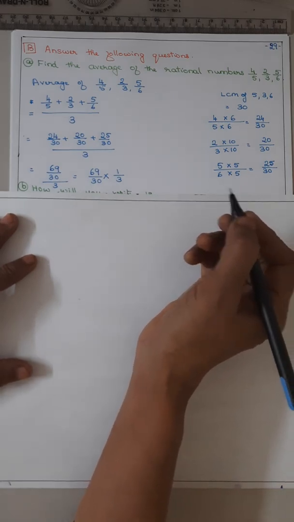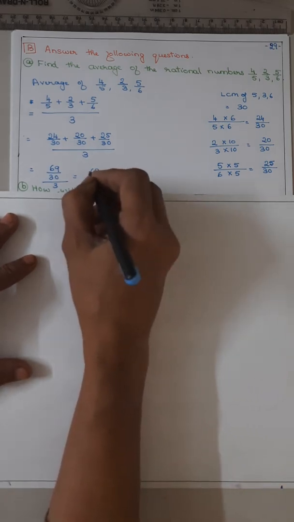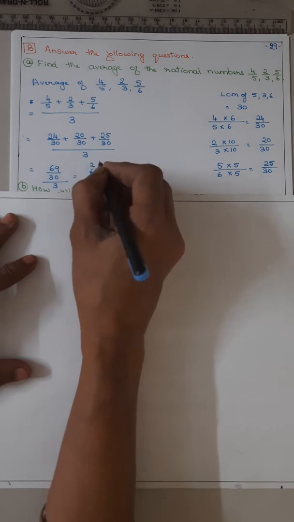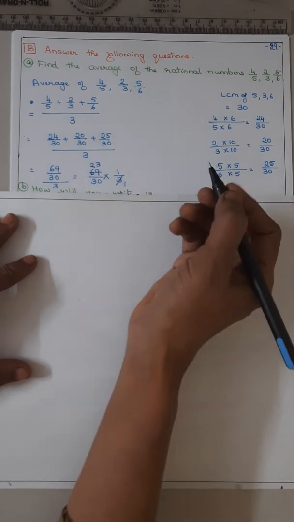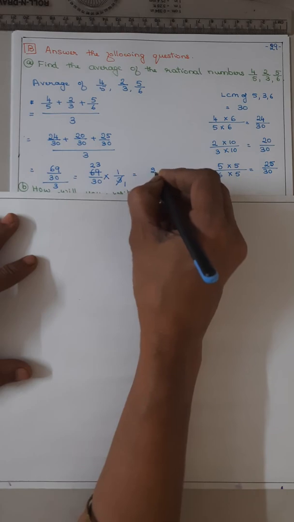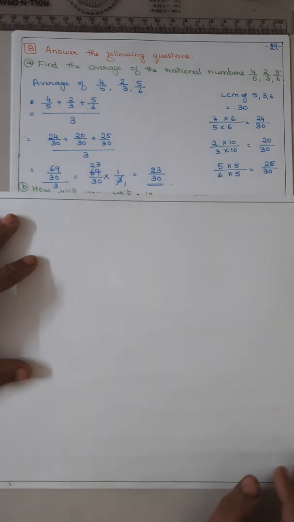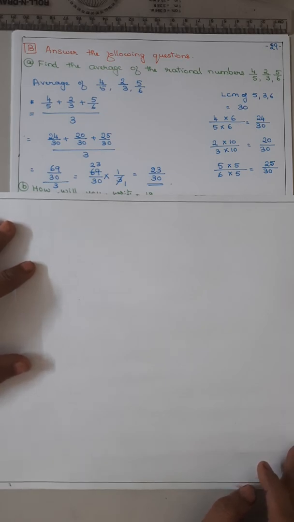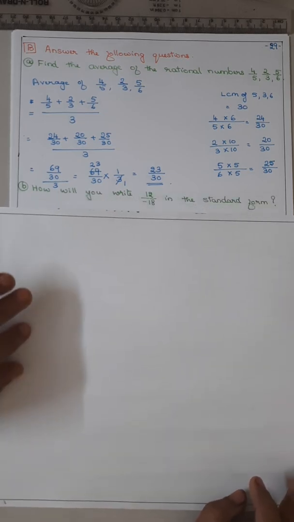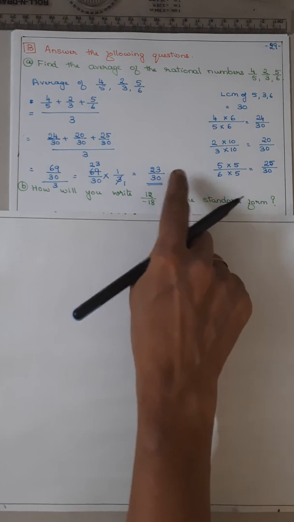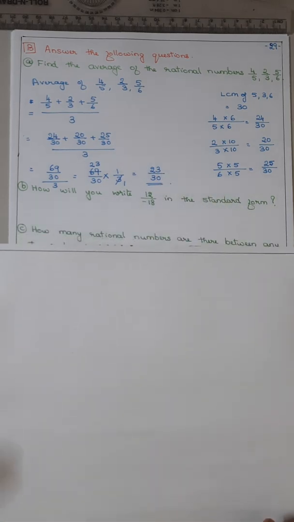Remember? So 3 1s are 3, 3 2s are 6, 3 3s are 9. So the answer is 23 by 30. Is it okay? So the average of the 3 rational numbers is 23 by 30.